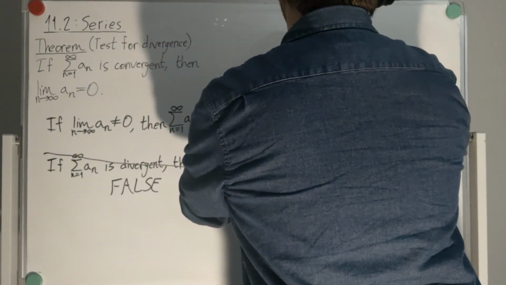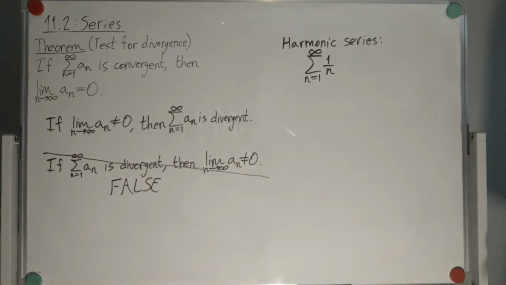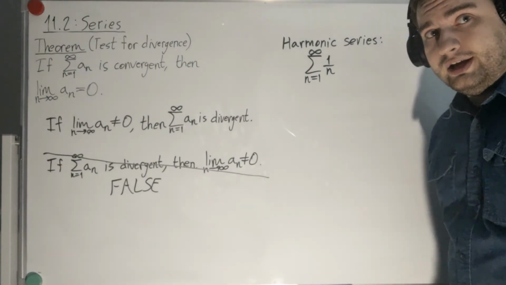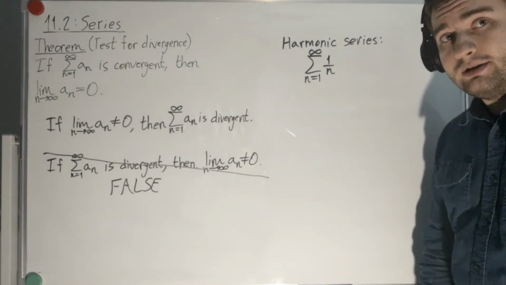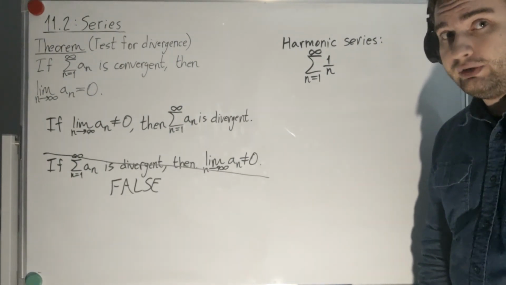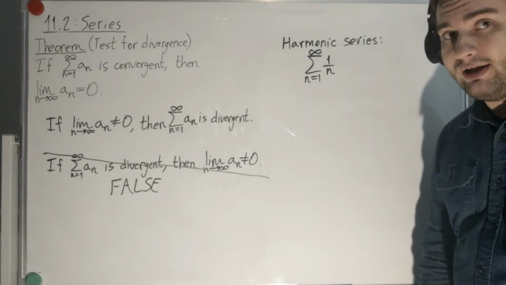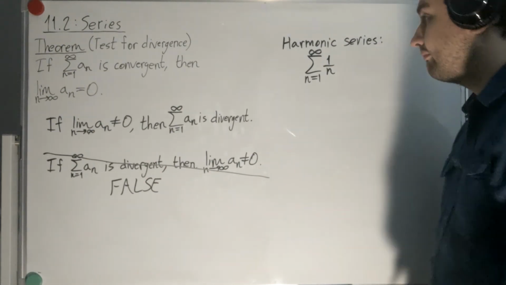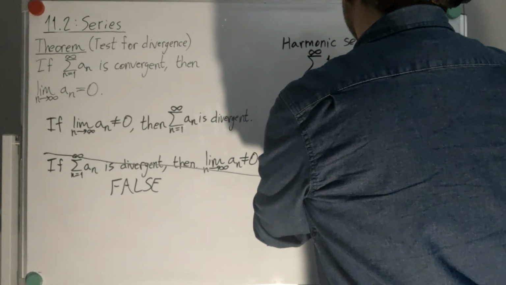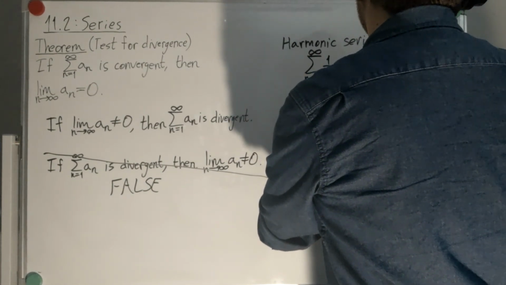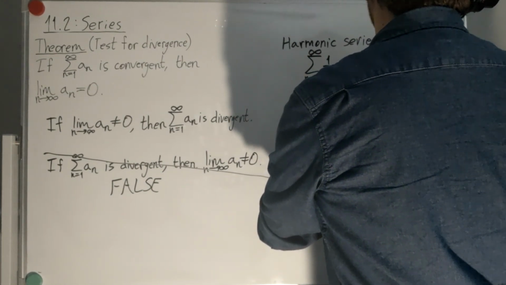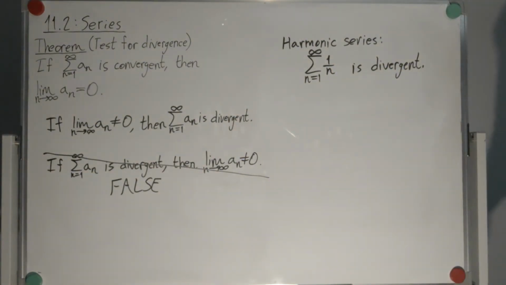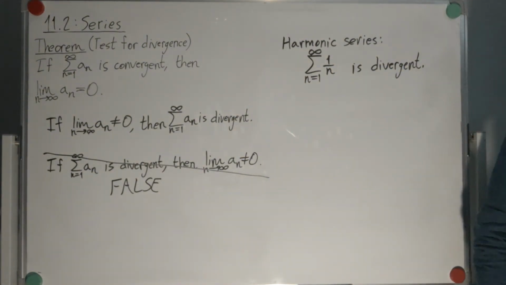So the sum from n equals 1 to infinity of 1 over n. Let's see here. The limit as n approaches infinity of 1 over n, that definitely is 0, right? However, this is divergent. Okay?